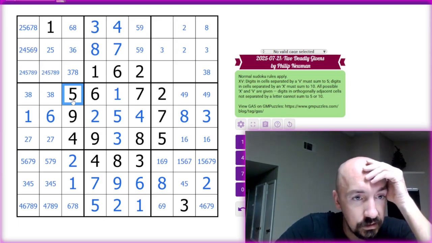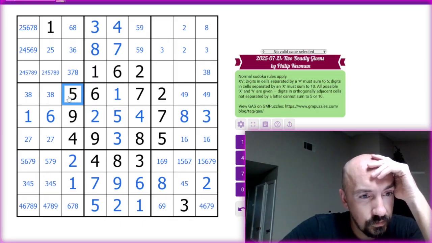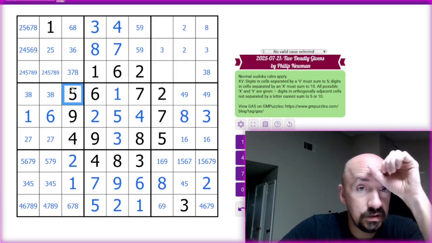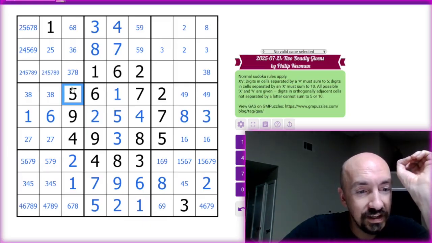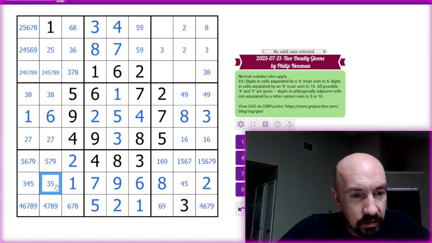All right, does that help? Possibly, but my goodness, this rule set is great, but it's confusing me more like crazy right now. Oh, this cannot be a 4. Okay.